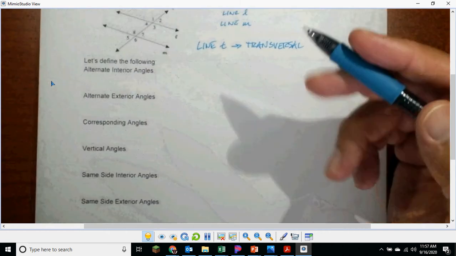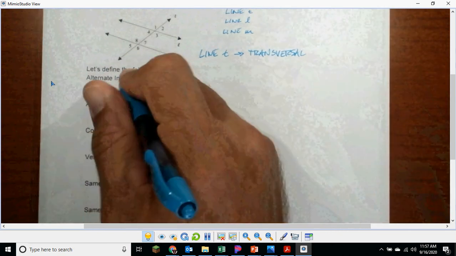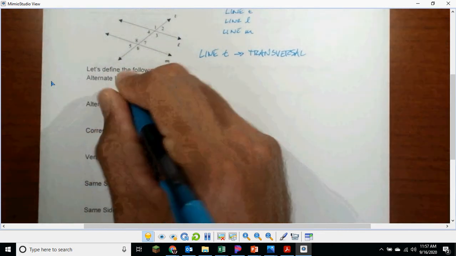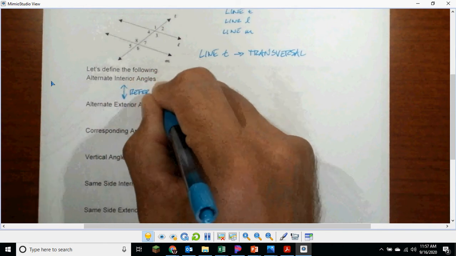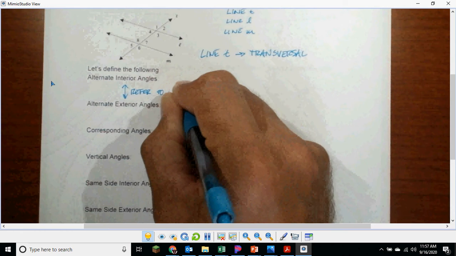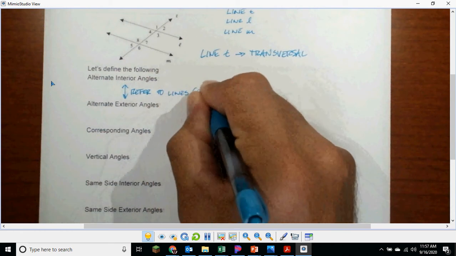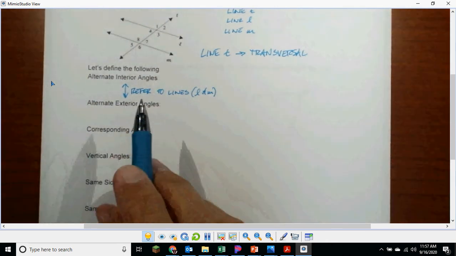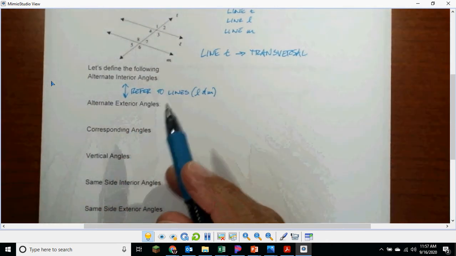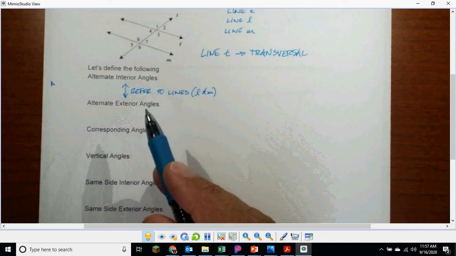Interior and exterior refer to the lines, in this case L and M. Are the angles interior, meaning inside, in between L and M, or are they exterior, outside L and M?